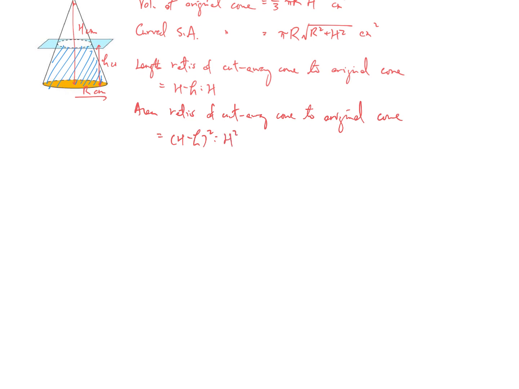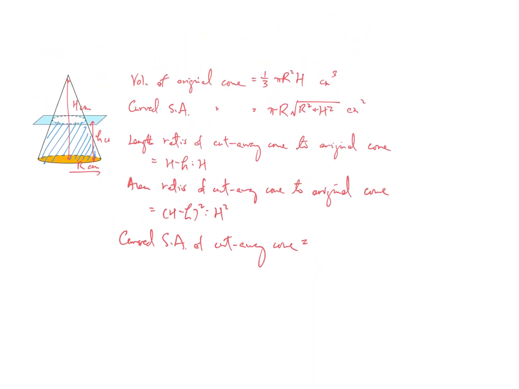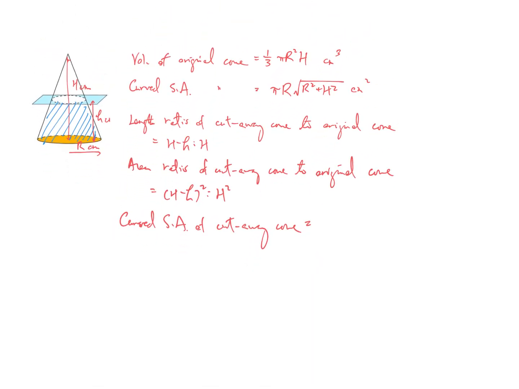And therefore the curved surface area of the cutaway cone will equal, well, the original curved surface area is pi R l. We multiply this one with the ratio (H minus h) square over big H square.